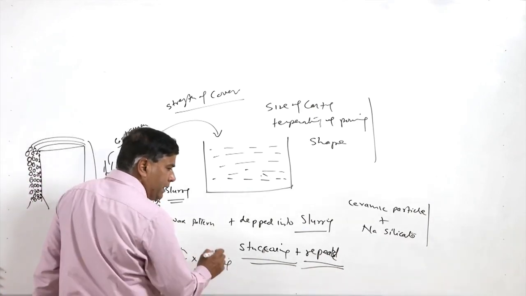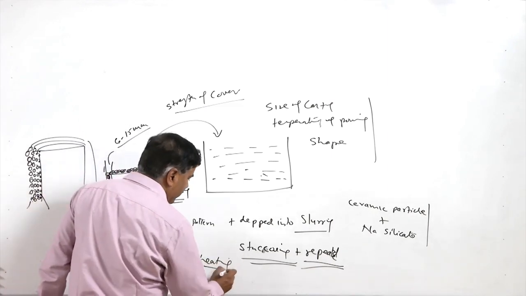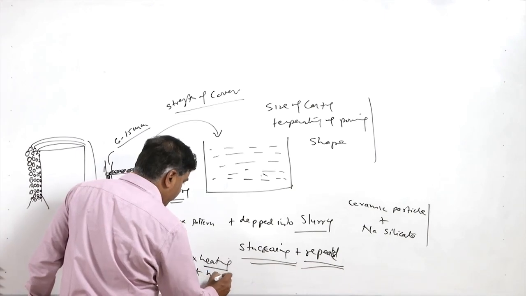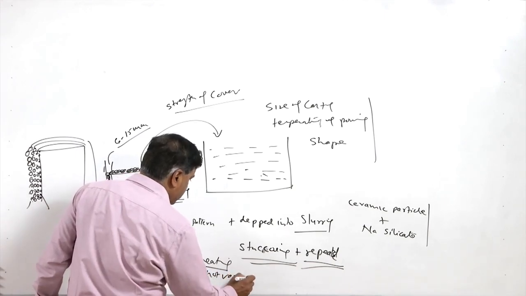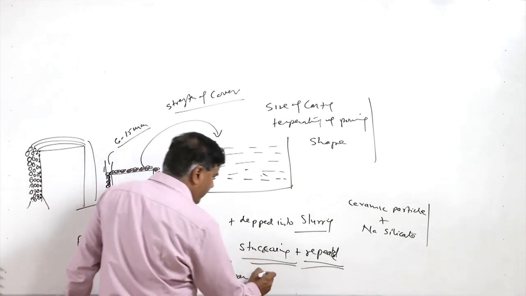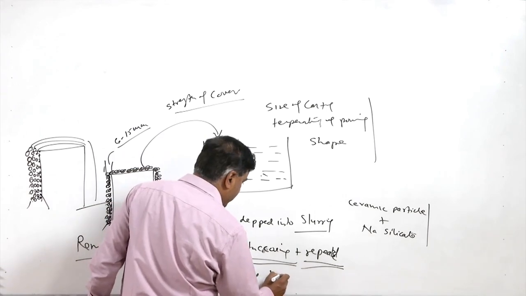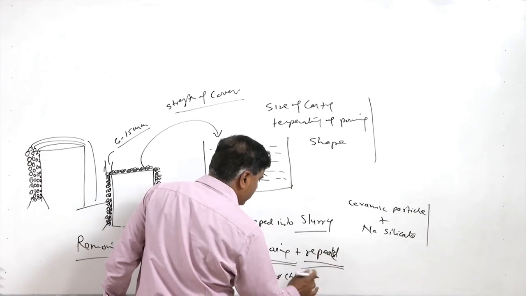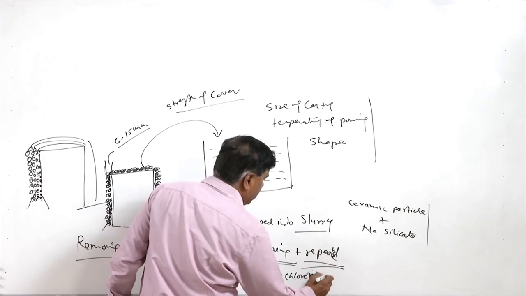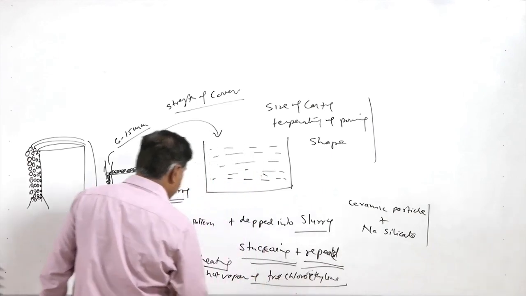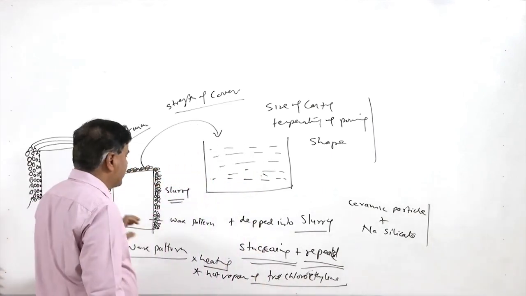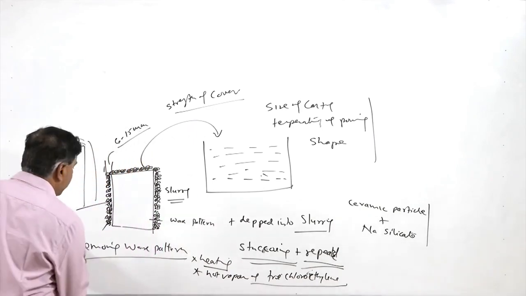Heating causes the melting of the wax, and additionally hot vapors of trichloroethylene are applied so that whatever residual wax is left is removed.